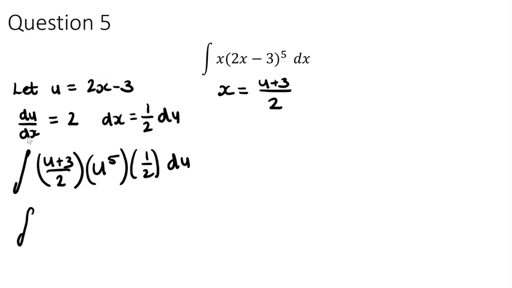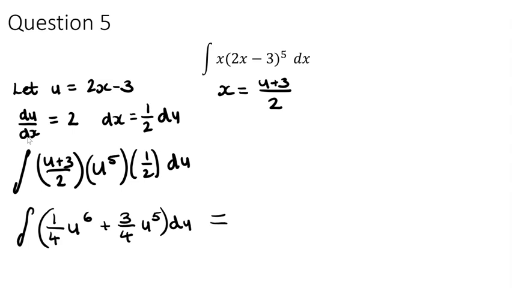We've got u over 2 times u to the power of 5 times a half here. That's going to be 1 over 4 times u to the power of 6. Then you've got 3 over 2 times u to the power of 5 times a half. So that's going to be 3 over 4 times u to the power of 5.